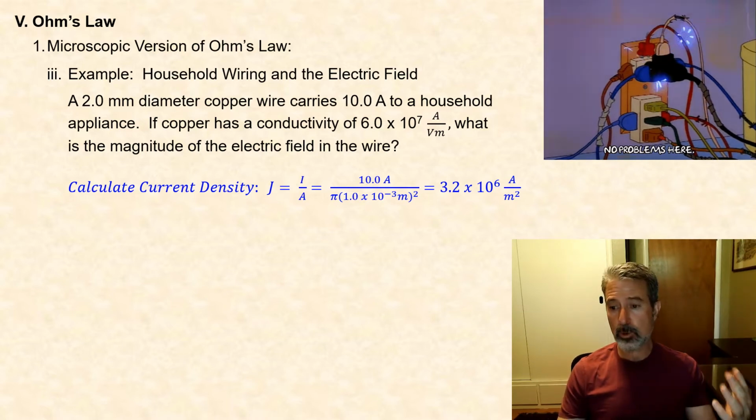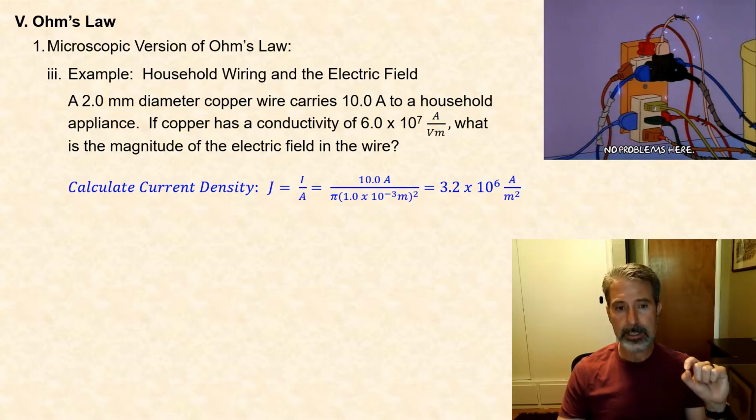By definition, it is the ratio of current to the cross-sectional area of the conducting medium. So we've got 10 amps of current, and we will assume that we have a circular wire cross-section. Make sure that we convert the millimeters to meters. This gives us a value for the current density of about 3.2 million amps per square meter.